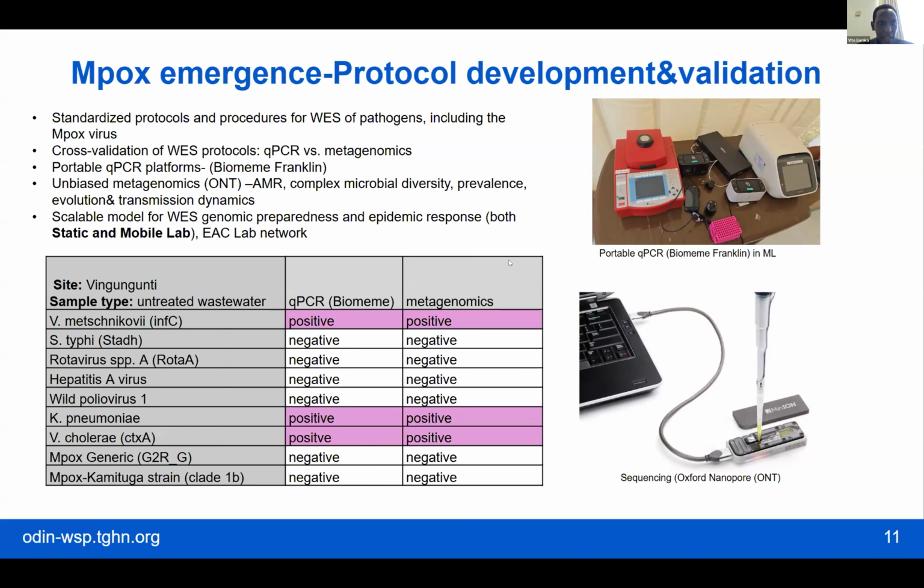So my colleagues already highlighted the work we were doing to support competencies to develop protocols for mpox.